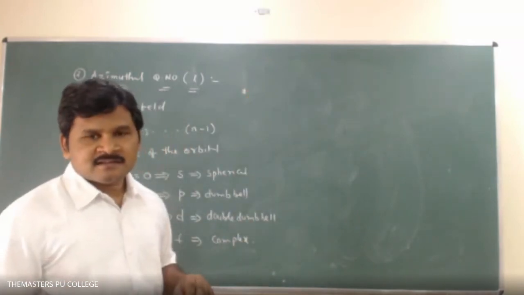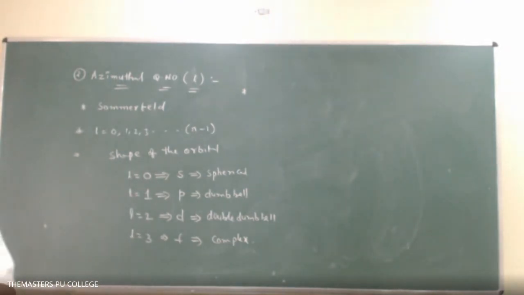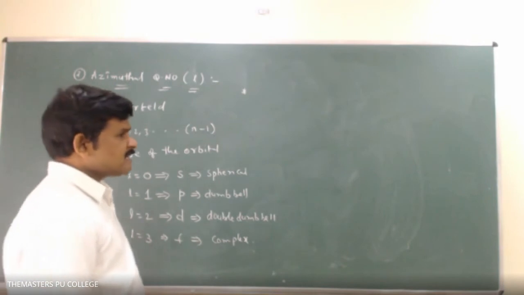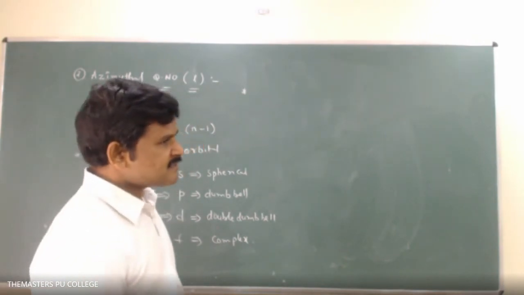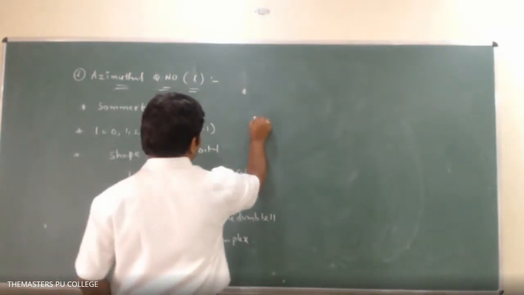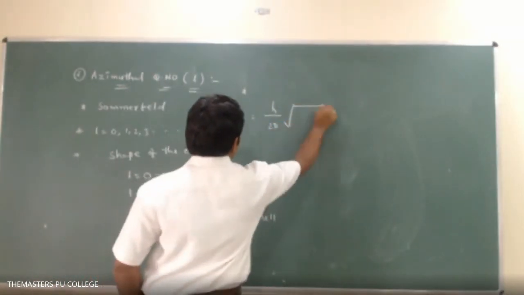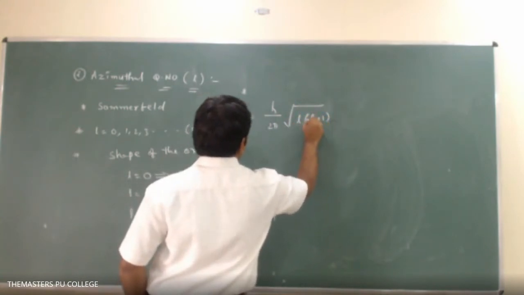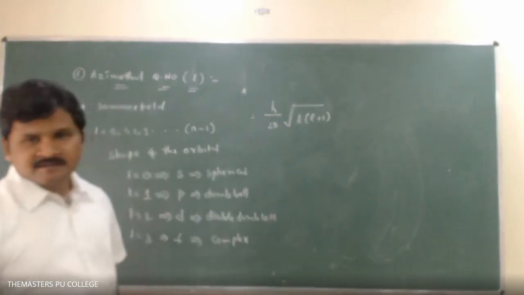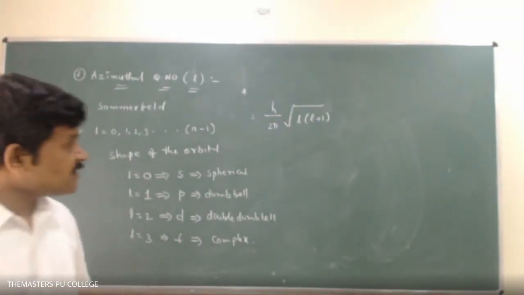The angular momentum of an electron in an orbital is equal to h by 2 pi root of L into L plus 1.